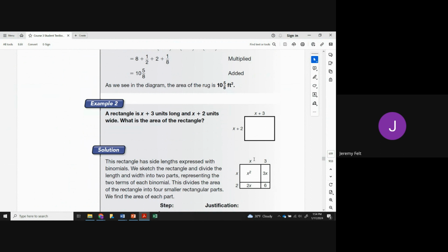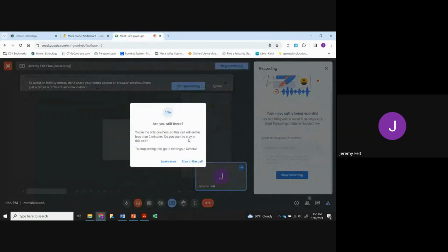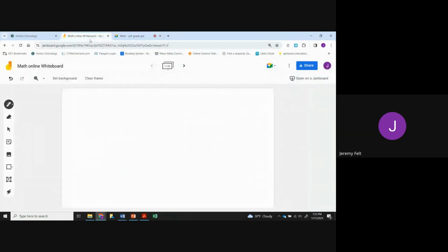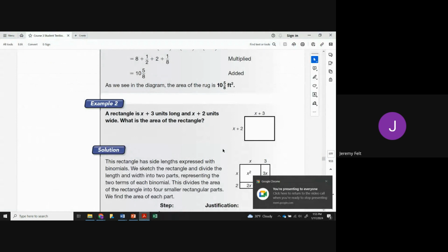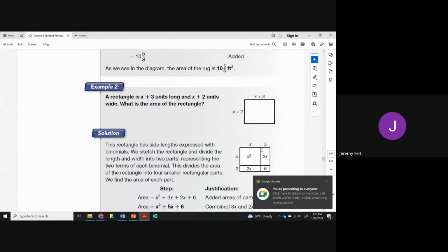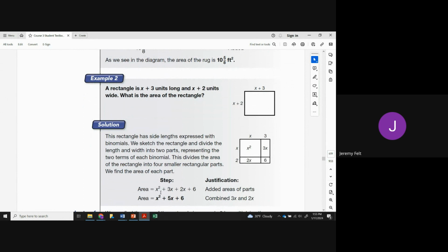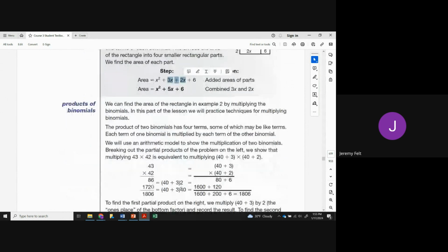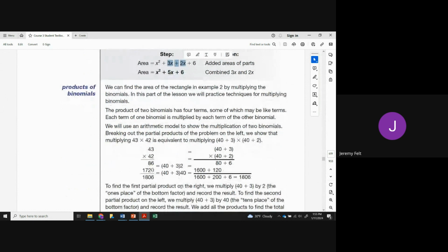So x times x, 3 times x, 2 times x, and then 2 times 3. And then we add them all together and we go in descending order like we talked about. Combine like terms in here. We get x squared plus 3x plus 2x becomes 5x plus 6.